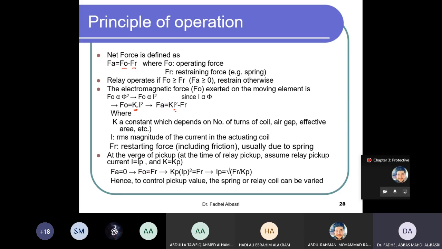When the net force equals 0, so Fo equals Fr, so this is the constant K times IB squared. IB is the value of current I at which the operating force equals the restraining force Fr, from which I can find the current at which the relay operates.